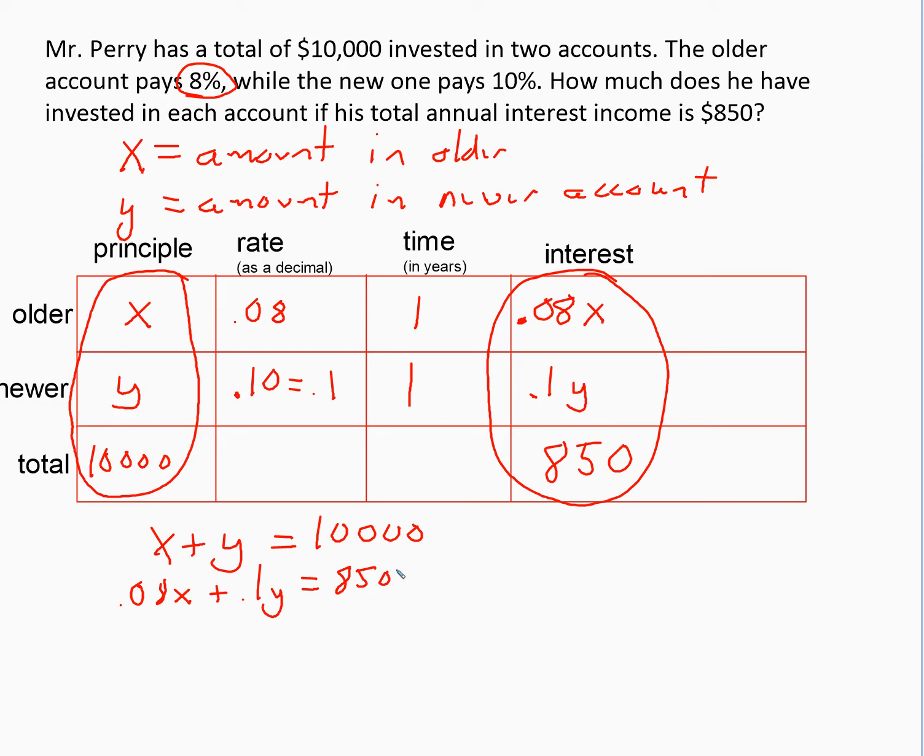Now what we might want to do is, if you don't like working with the decimals, we can multiply both sides by 100, because we want to move this decimal over twice. So we're going to multiply this by 100, and we'll get 8x plus 10y equals 85,000.